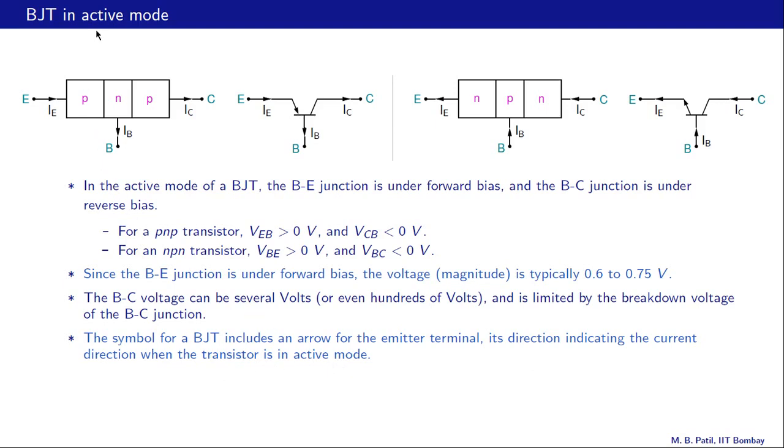So when the transistor is in the active mode, this junction is under forward bias and the current would be in that direction, and that is the same as the direction of the arrow. Similarly, when this junction is under forward bias, the current would be in that direction, and that is why this arrow here at the emitter is going out from the device.